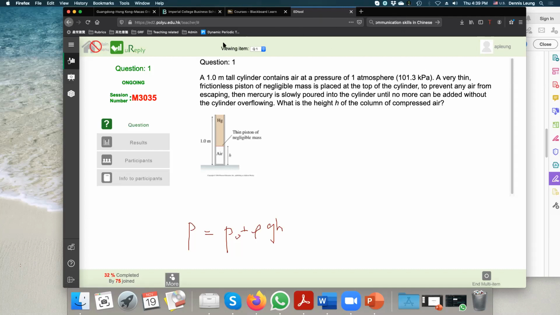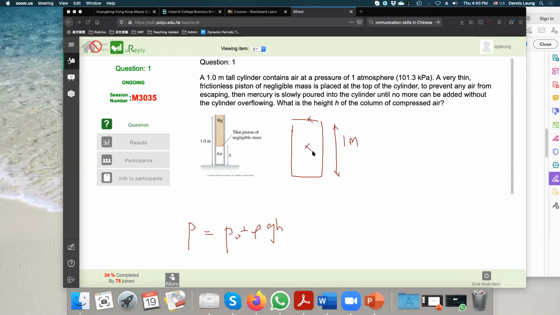The idea for this question is like this. You're always comparing two situations in the ideal gas law, or most of the time you are comparing two situations, before and after. So the before situation is you have a gas of 1 meter tall, and it is at the atmospheric pressure.